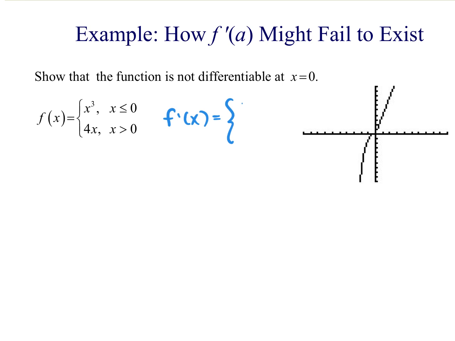The first piece of the derivative would be 3x squared. The second piece of the derivative would be the number 4. And the derivative is on open intervals. I mentioned that earlier. The derivative does not include equal to. Derivative is always open intervals.